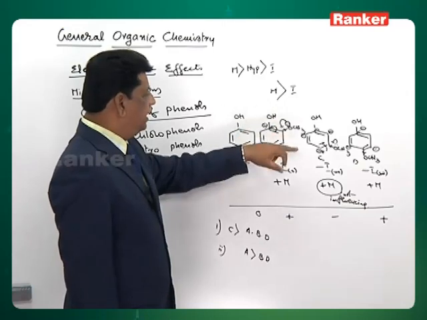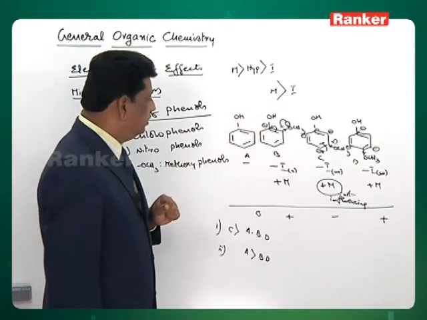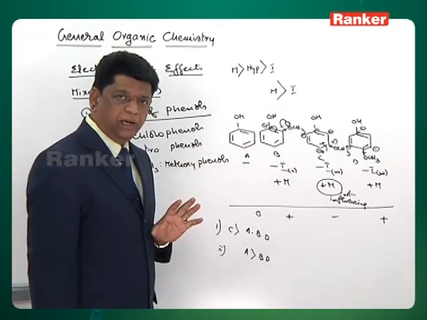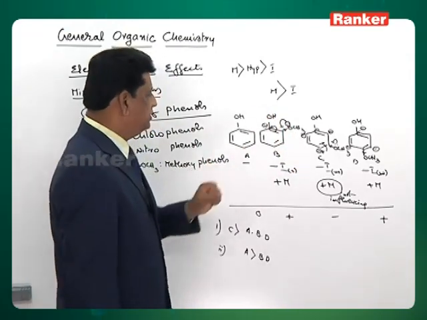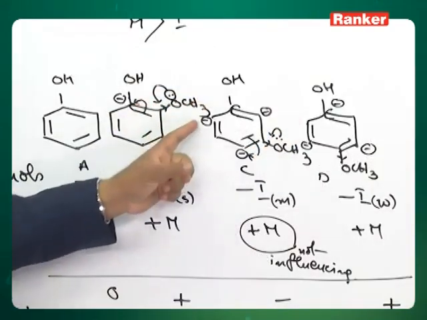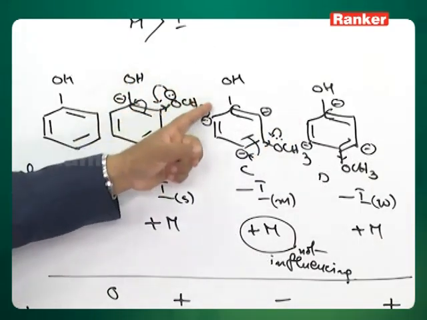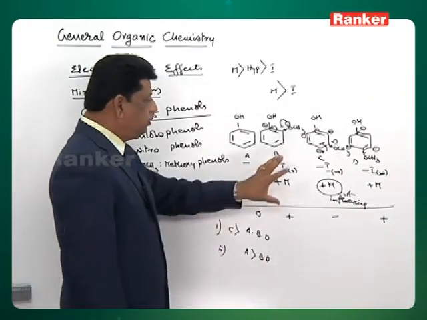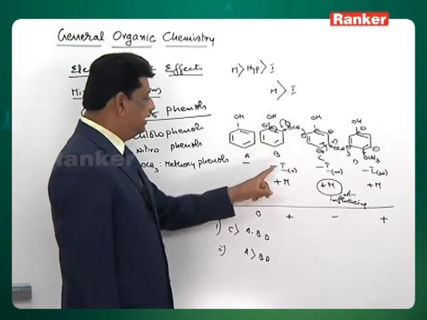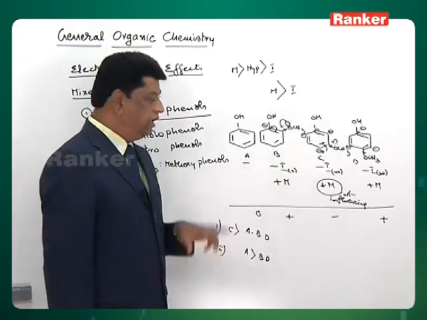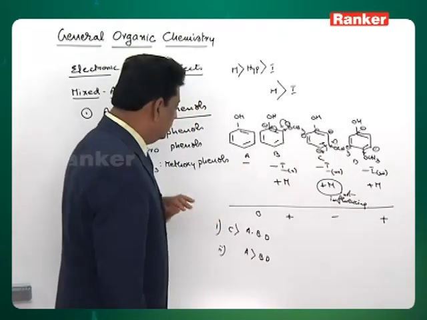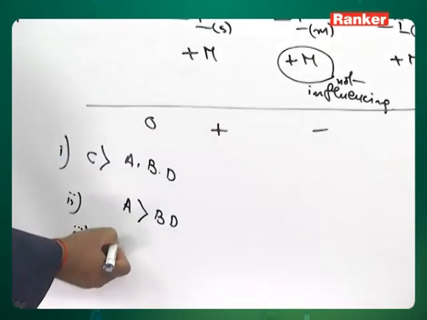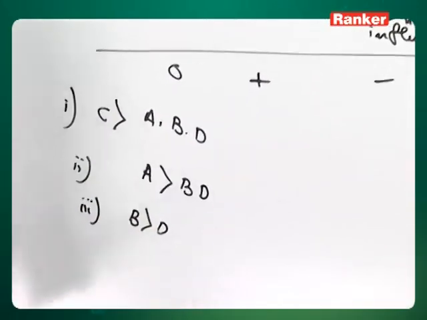So this way or that way it is a failure. Therefore OCH3 cannot make hydrogen bonding. All it can produce is steric hindrance. So it tries to decrease the acidity of the OH only through steric hindrance, and this is not able to topple the idea that minus I is strong and weak. So as such it exists. So B is stronger than D. What you expect is also what is observed.